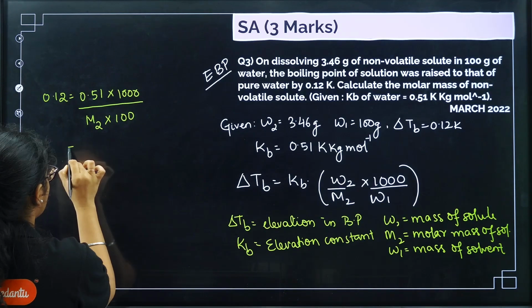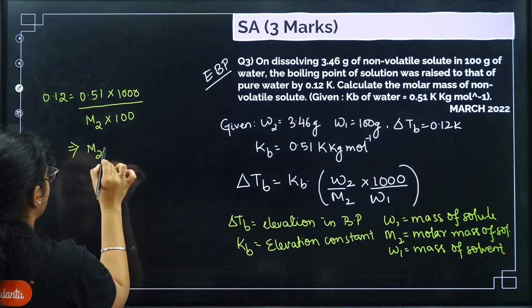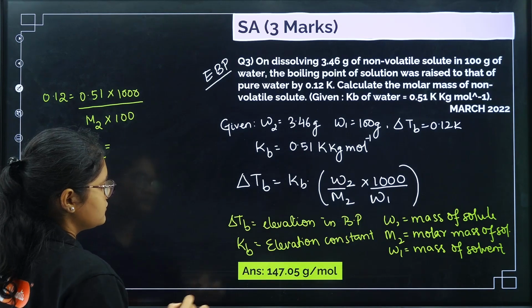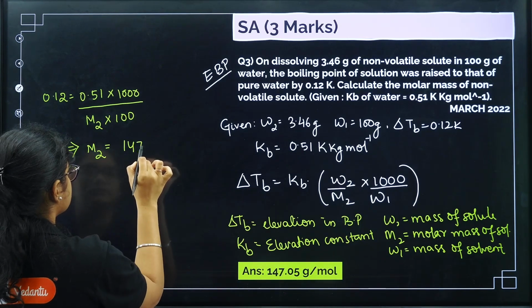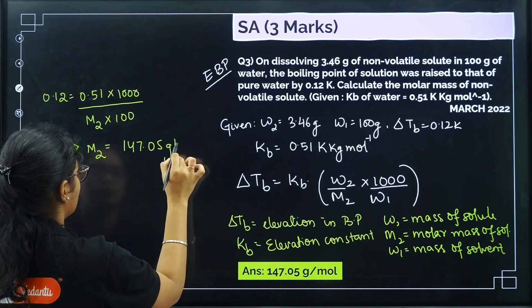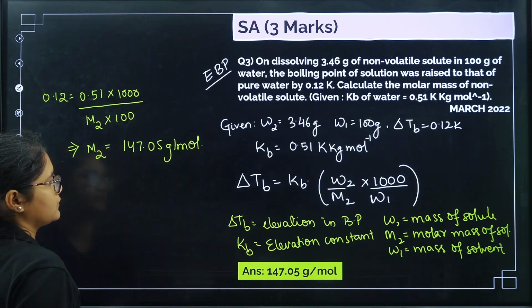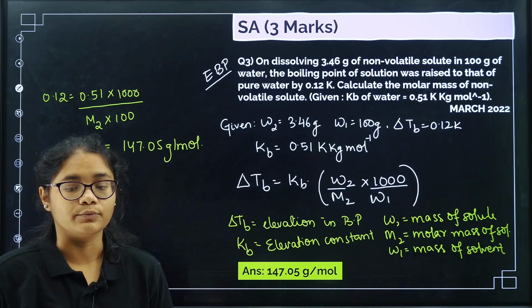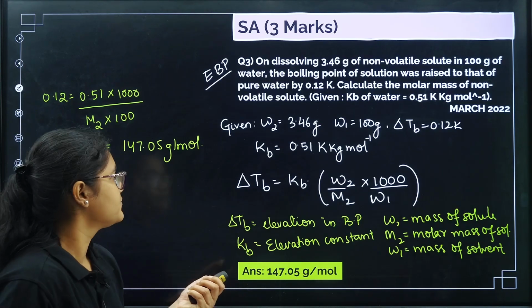Okay, so now if you solve this, we will be getting M2 is equal to 147.07 gram per mole. Okay, so that will be how you can correctly get the answers.